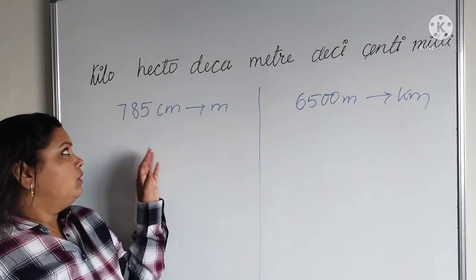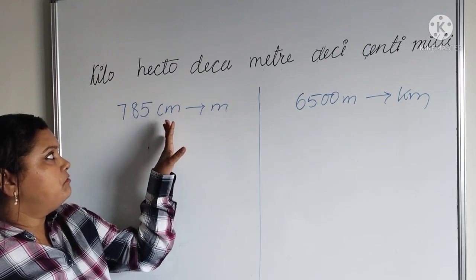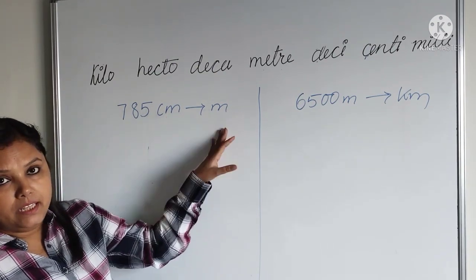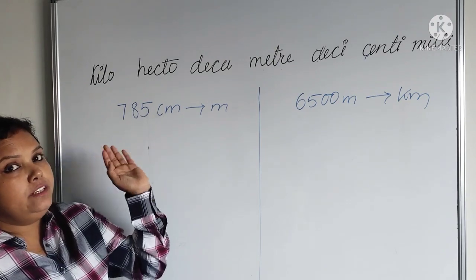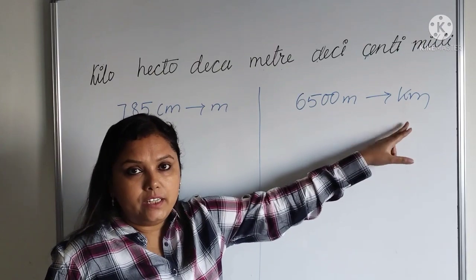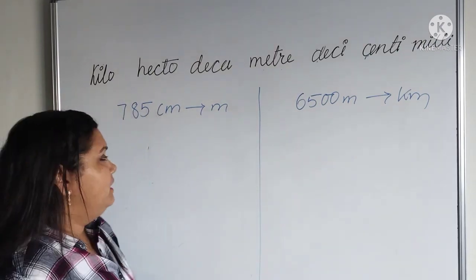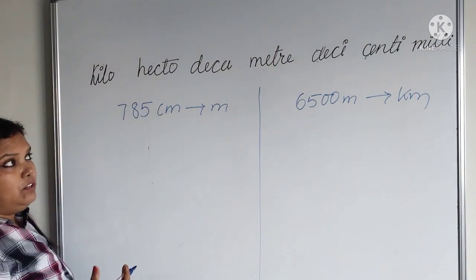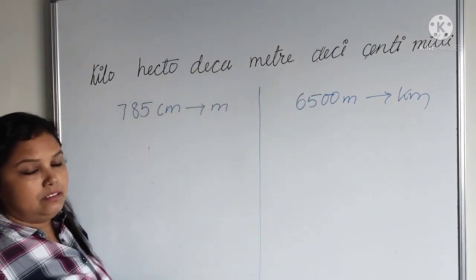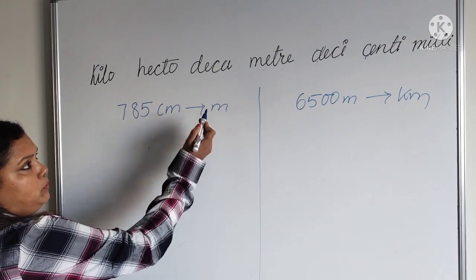Okay, so now in this question we need to convert centimeter to meter, means smaller unit to bigger unit. That means you need to divide. Here in this case also smaller unit to bigger unit, that means you need to divide. Okay, so what you need to divide by can be decided by this table. So centimeter to meter.